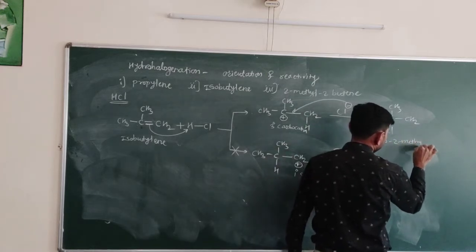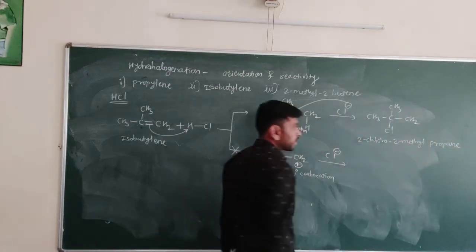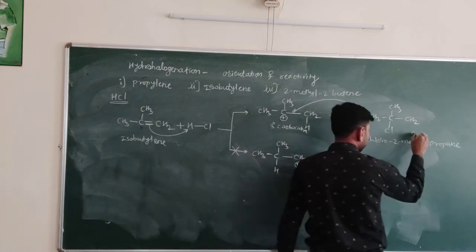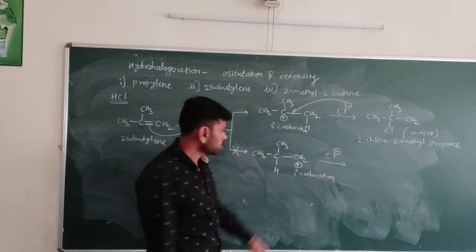2-methyl propane is obtained as a major product because of the stability of the carbocation.